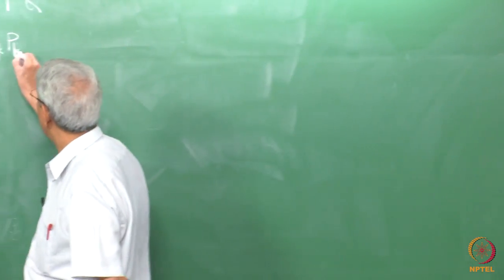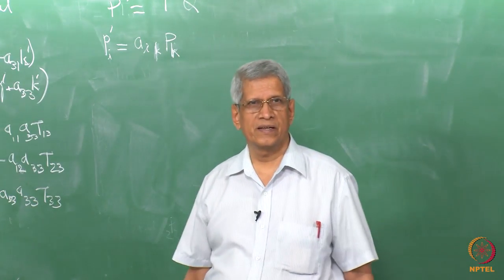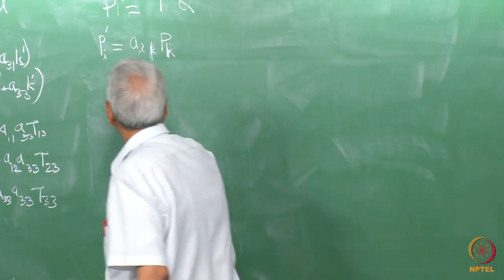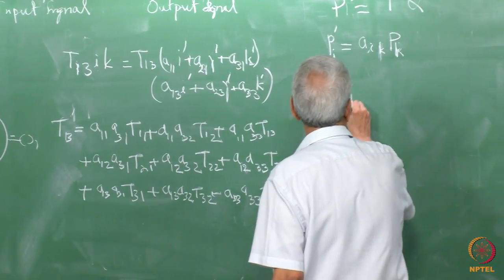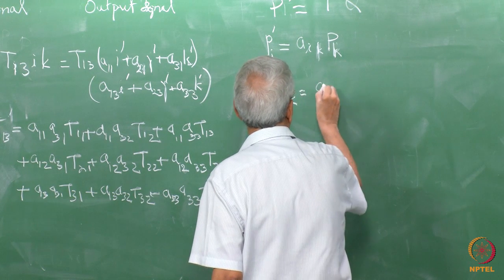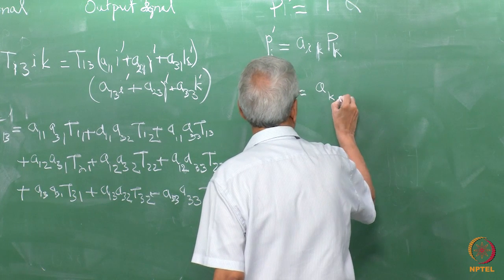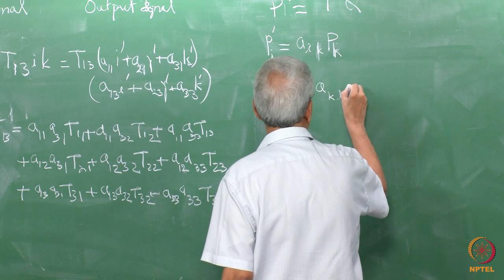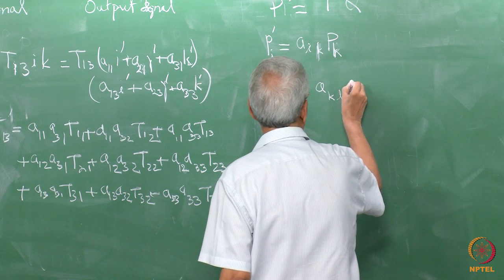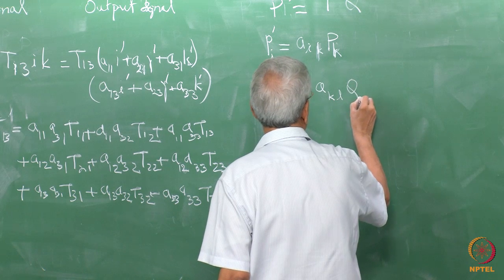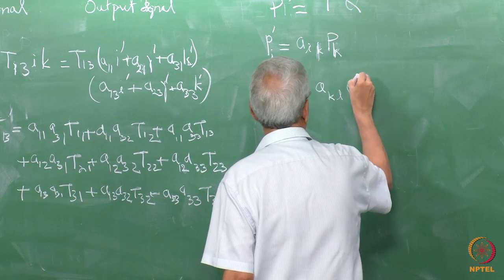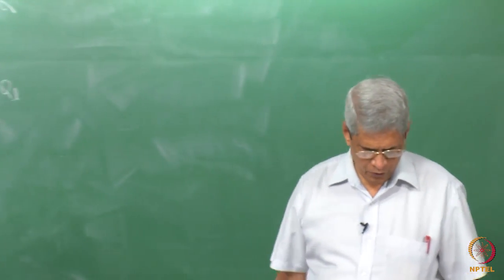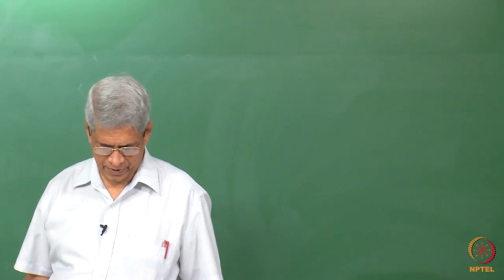Now, what is the way in which Pk can be written? Pk is in the whole coordinate system. So, we can write this component Pk is equal to AkL, I can write it as QL, because this is only a dummy suffix, correct?